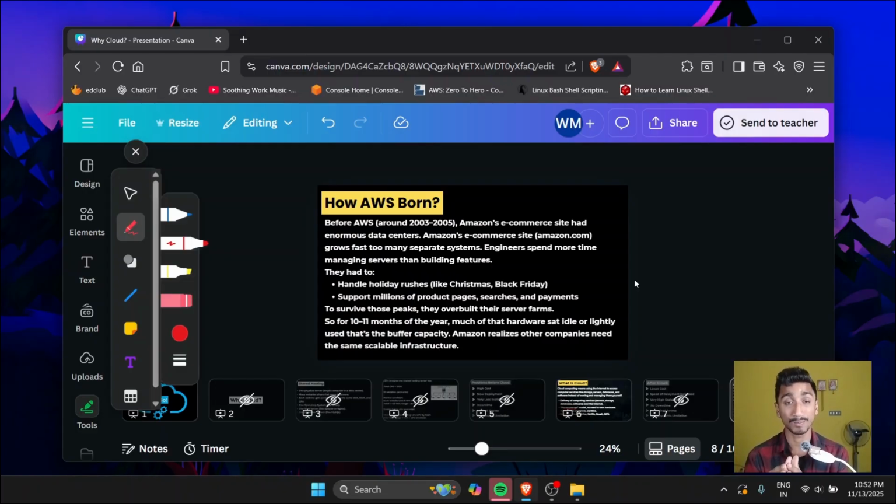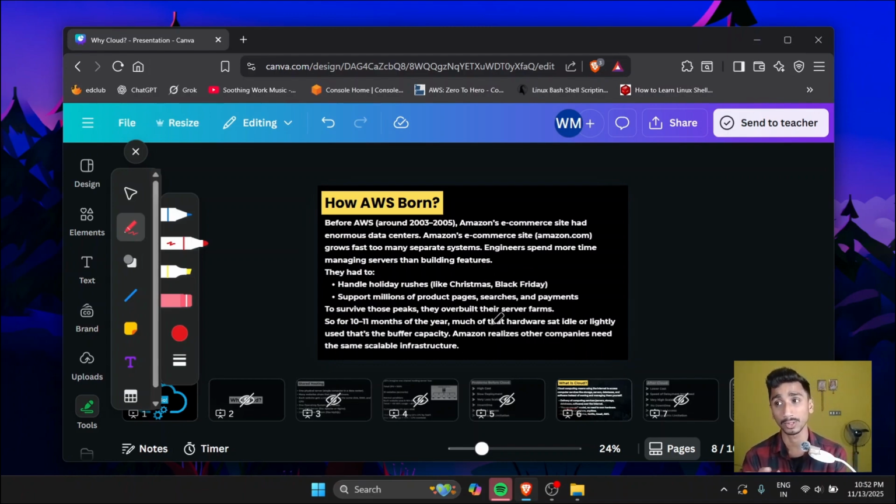Amazon bought a bunch of new servers to maintain the traffic and the seamless performance of their website. But after events like Christmas and Black Friday were over, for the rest of the 10 to 11 months of the year, those servers were very lightly used.